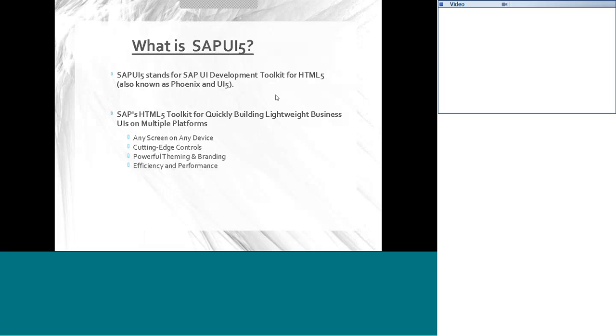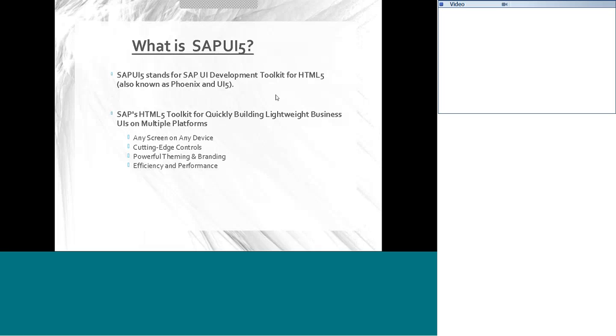The SAP HTML5 toolkit provides us lightweight business UIs for multiple platforms. We have already done this, but just for the benefit of those who were not able to attend yesterday, the SAP UI5 toolkit lets us code once, and your code can work on any screen, any device.